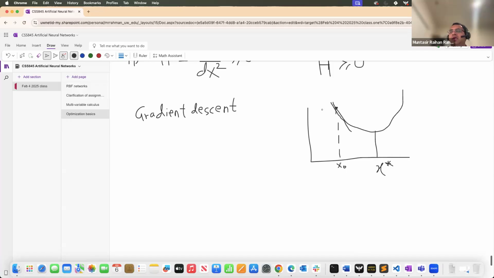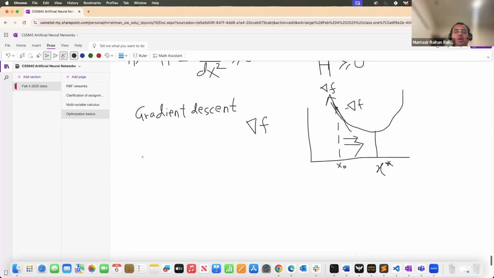So if you think about the derivative of this function f, when you're at this point, you want to move in this direction. The derivative points in this way, and you want to move in the direction of the negative of the gradient. And that direction is going to be in this way, right?